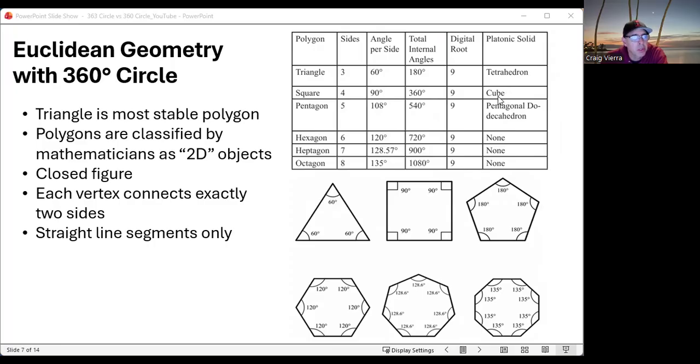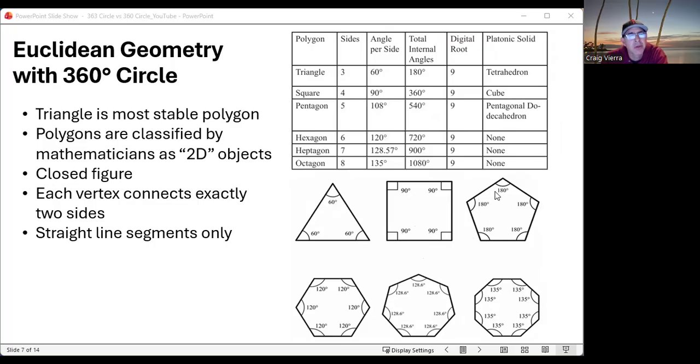The cube, which is a hexahedron, is 6 squares put together. The internal angles for a square are 90 degrees, so this overall is 360 degrees. And then this 5-pointed structure is the pentagon.